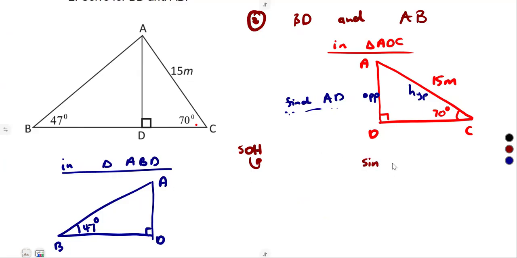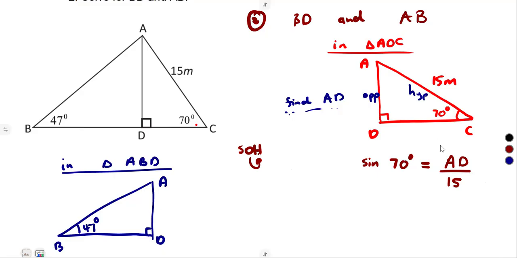The sine of the angle 70 degrees is equal to the opposite, which is AD, the one that we need to calculate, over the hypotenuse, which is 15, which is AC.